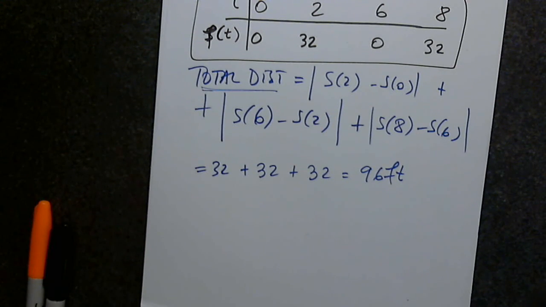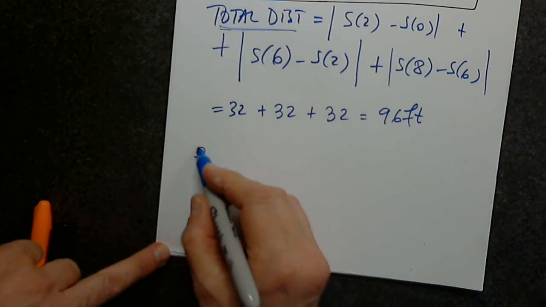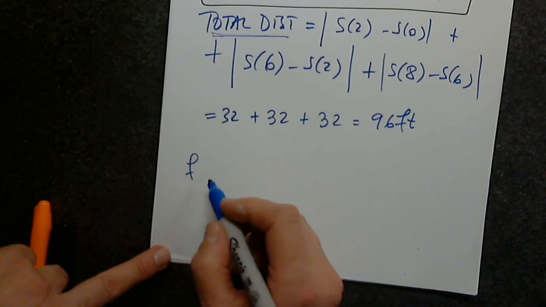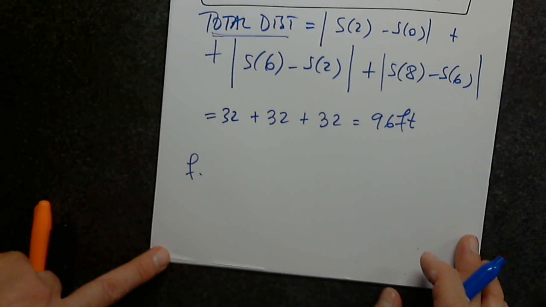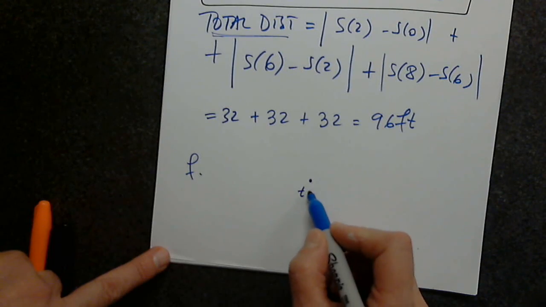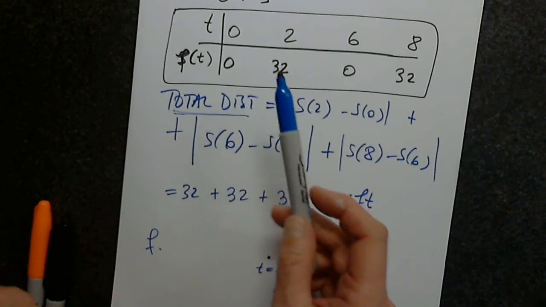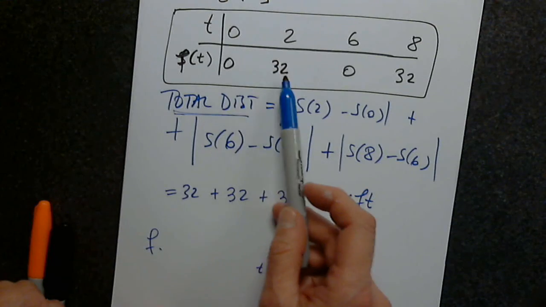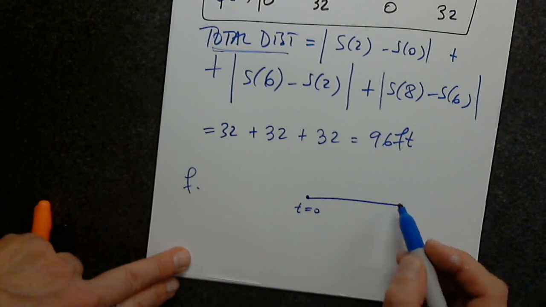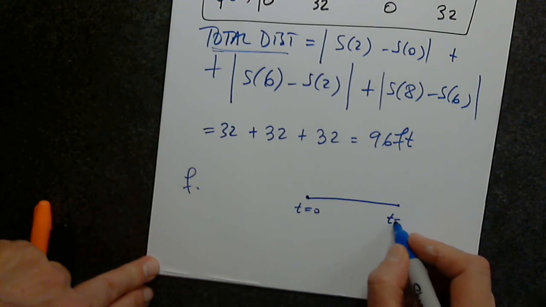Okay, it says draw a diagram like in figure 2. So let's look at what kind of diagram I will plot. Part F. The particle starts here at t equals 0. It goes in the positive direction, 32 feet, for 2 seconds.